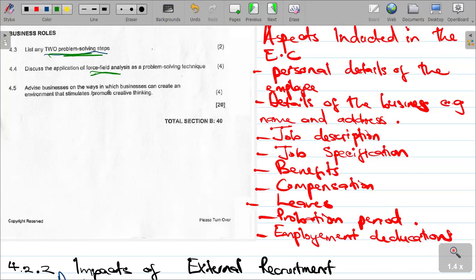Once it is done, they allocate a score to each force using a numerical scale where 1 is weak and 5 is the strongest. Then they weigh up the positives and negatives and decide if the project is viable. If the project is viable, you need to find ways to increase the forces for change, and then you identify priorities and develop an action plan.